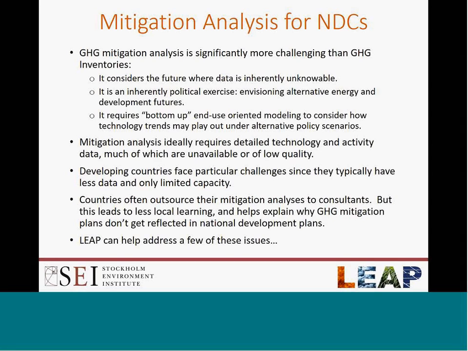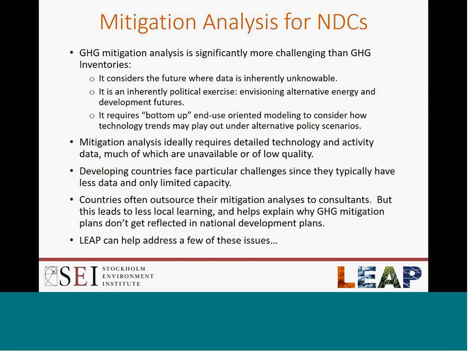It also requires a bottom-up or end-user oriented modeling approach. In order to think about the impact of different mitigation policies, you really need to be able to say something about technology trends and how they might play out under alternative policy scenarios.